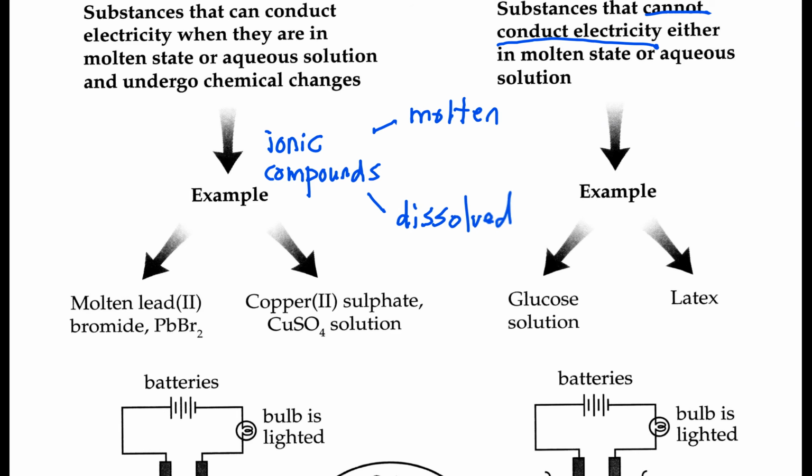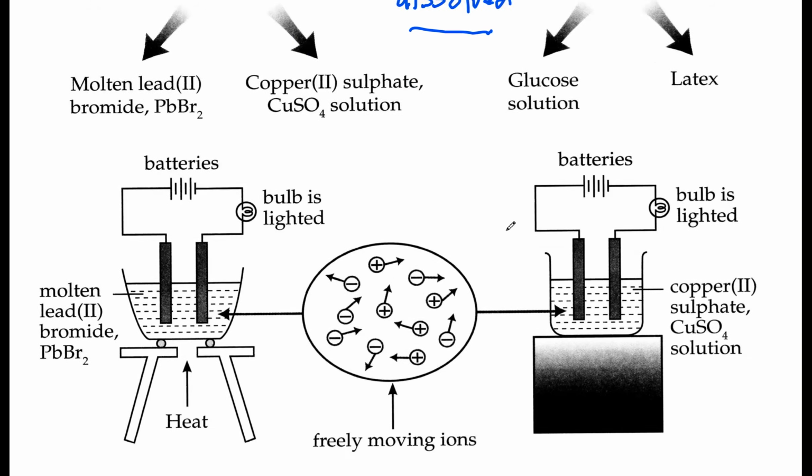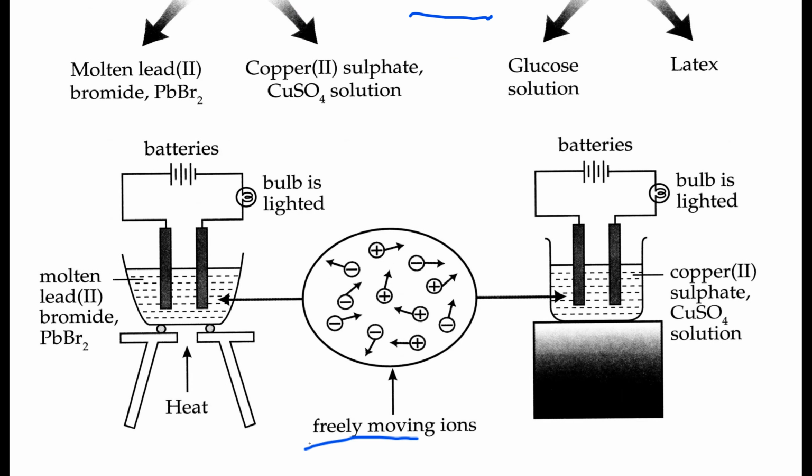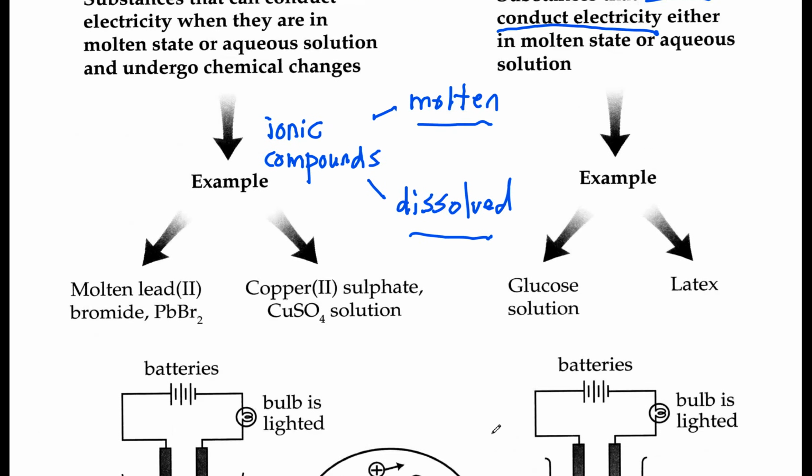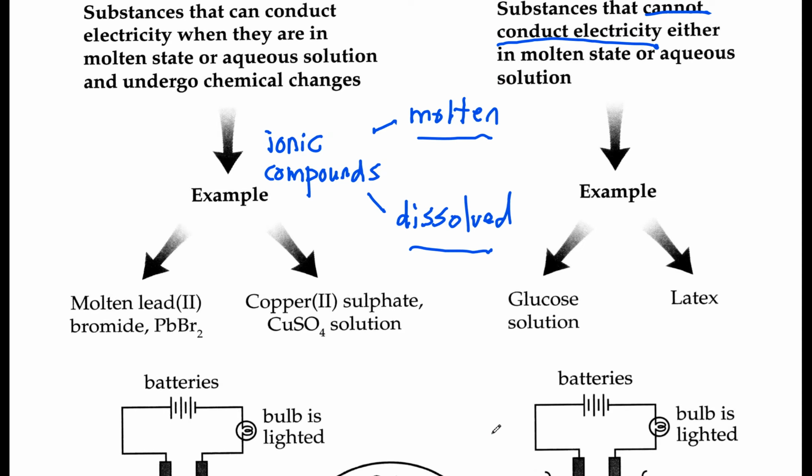The act of melting or of dissolving the ionic compound is to free the ions so that they are free to move and free to flow with the electricity. Examples of ionic compounds that can form electrolytes are therefore molten lead bromide or copper sulfate solution.